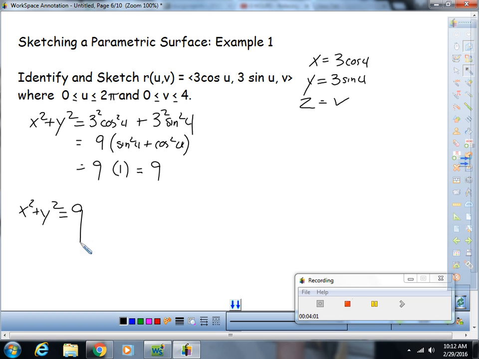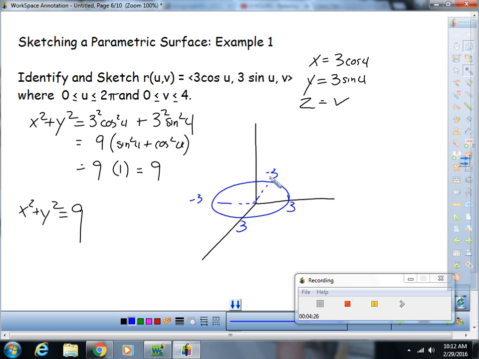That gives us an idea that all points x and y on this surface will lie on the circle centered at 0, 0 with radius 3.